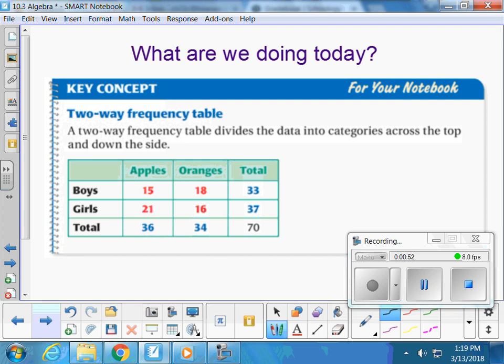And you kind of want to draw your attention to the bottoms. These are the totals. These are the total amount of people that like apples, total amount of people that like oranges. And this number is the most important number. That's the total amount of people even during doing the survey. So 70 people did the survey. 33 total boys did the survey. 37 total girls.